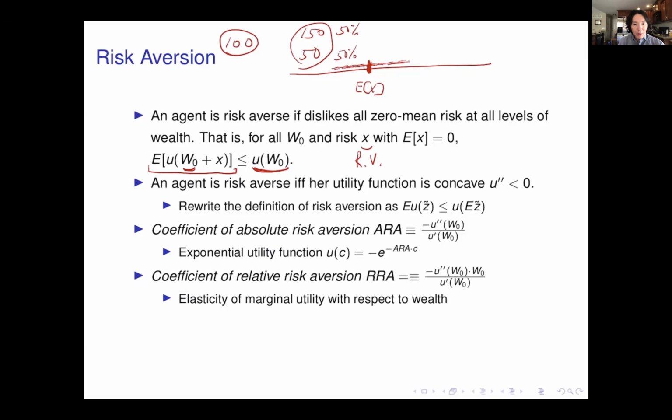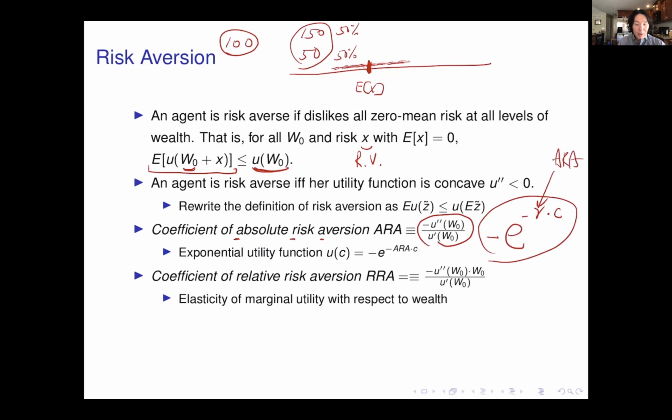The coefficient of absolute risk aversion, or ARA, is defined in the following way. A well-known absolute risk aversion utility function is the following, where gamma is the absolute risk aversion.